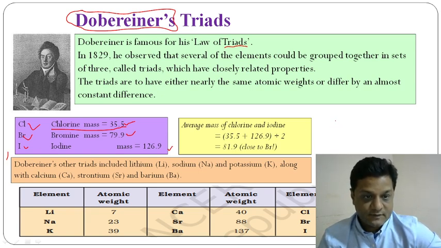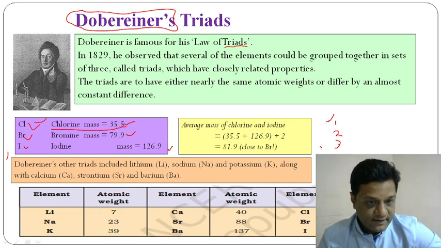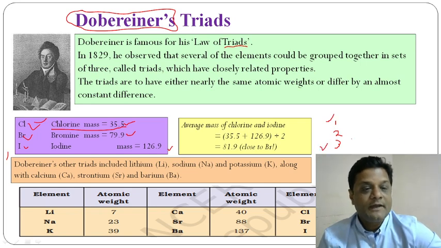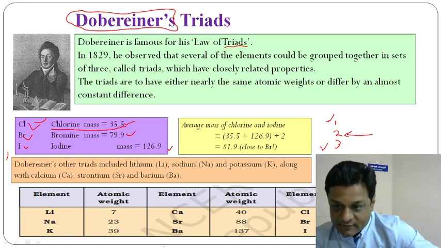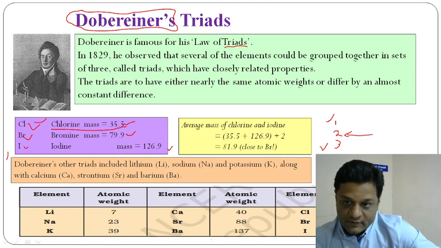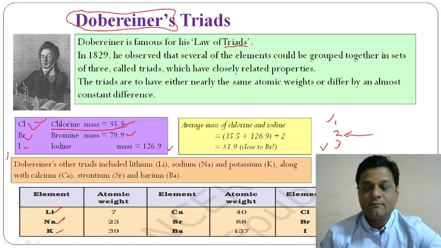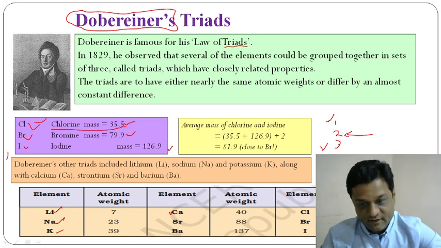Why? Because the average of the atomic weight of the first element and the third element will be equal to the atomic weight of the second element. Now we can see here various groups he developed. Lithium, sodium, potassium, then calcium, strontium, barium were placed in a single column.